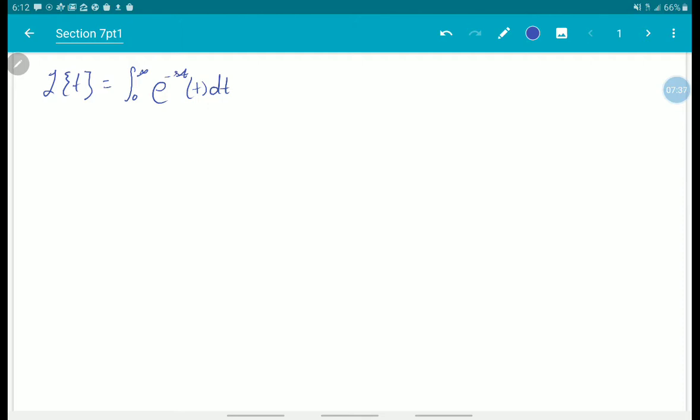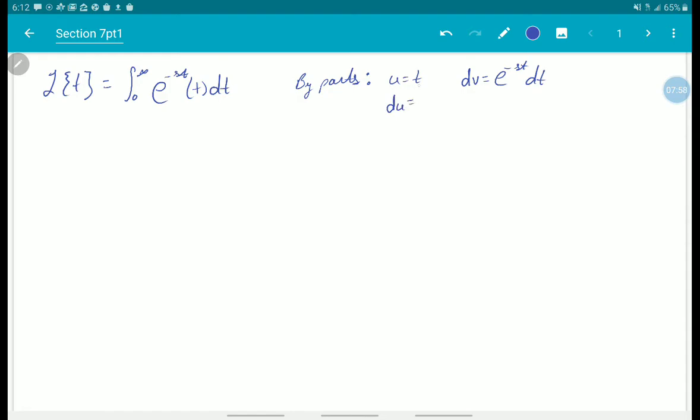So if we want to integrate this, we're going to have to do this guy by parts. So thinking about our u and dv here, we could let u be t. So dv would be the leftovers, e to the negative st dt.